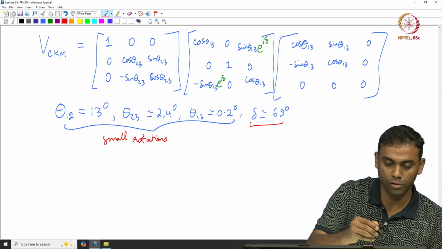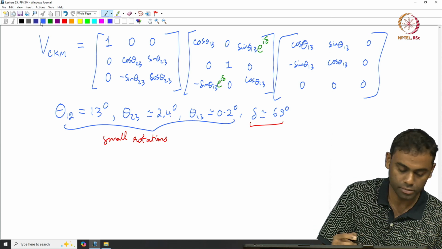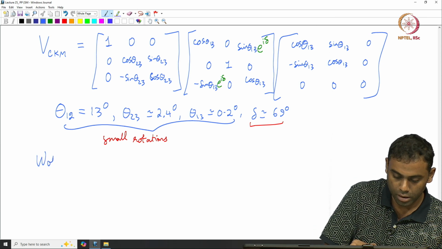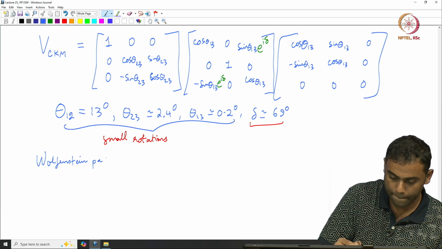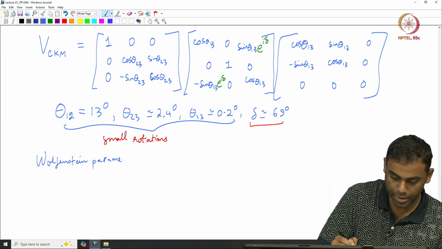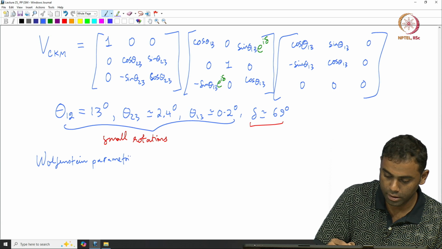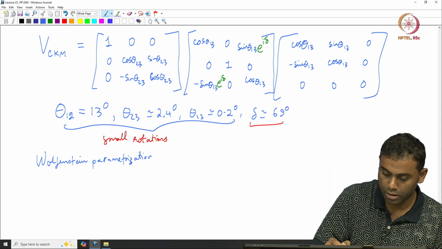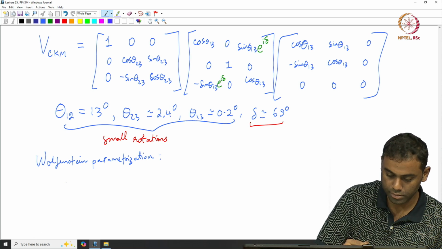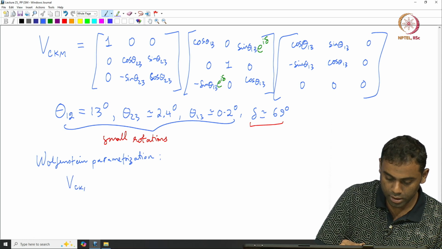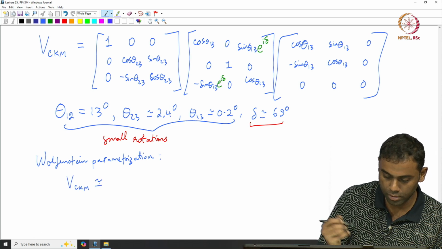There is another very popular way to parameterize. It is called Wolfenstein parameterization, due to Lincoln Wolfenstein, and that simply goes like this.